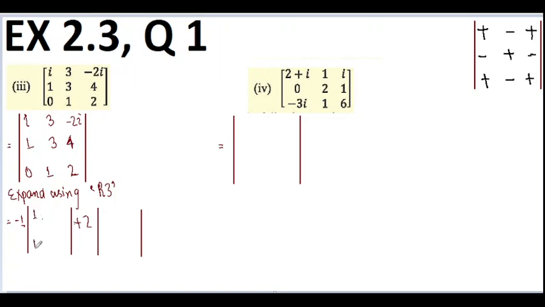So 1, 1 minus 2 iota and 4, and then plus 2. This column and this row are to be left, and we are left with iota 3 1 3. Oh sorry, there was iota over here. So now we are going to write here iota, 3, 1 and 3.